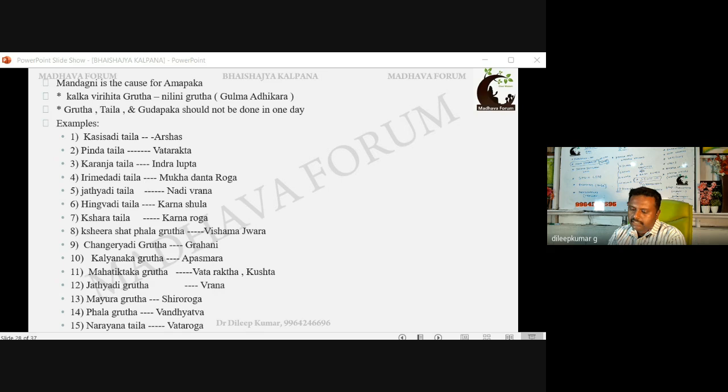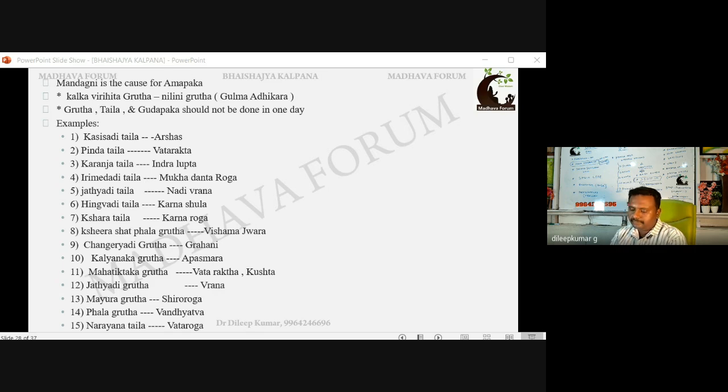Sita is Pittahara. Here, Sitaphala churna can be used in case of Pitta Kaphaja Kasa, Pitta predominant Kapha vyadhis, or Kapha Pitta vyadhis. Indications: Daha shamaka, we can use Sitaphala directly in Daha conditions.